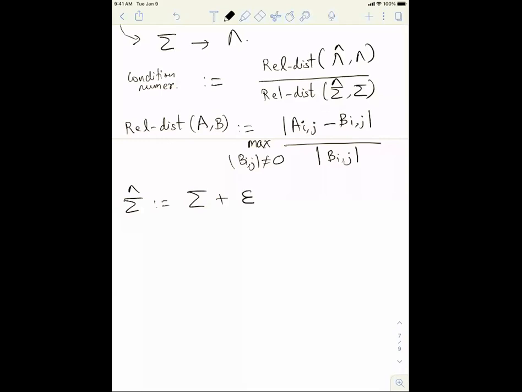At each coordinate, you perturb it by a very tiny value, which is, let's say, gamma times sigma ij.